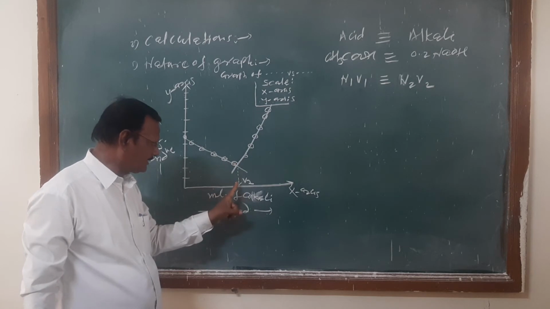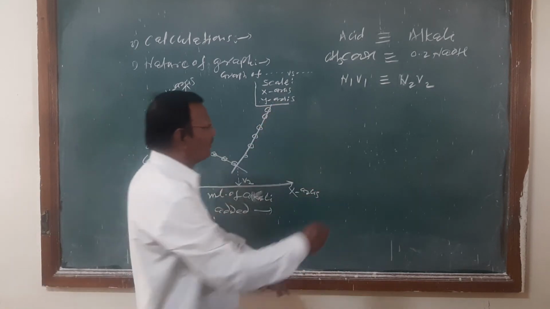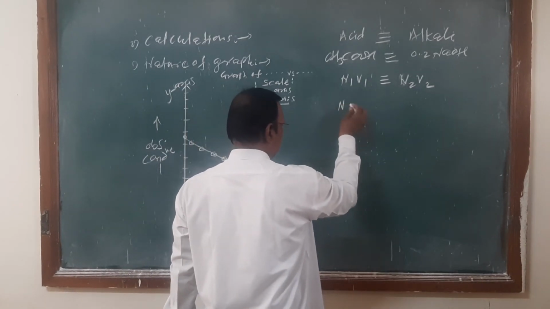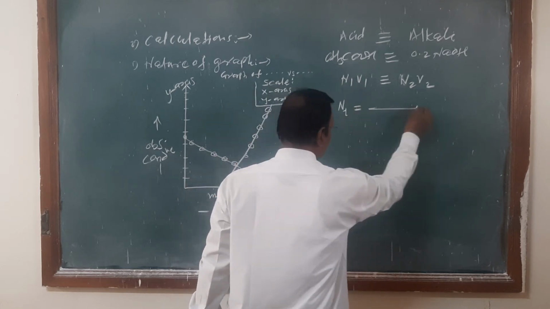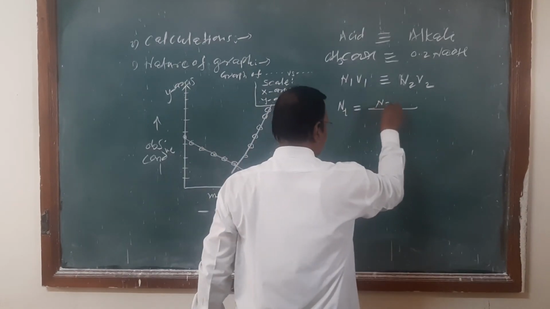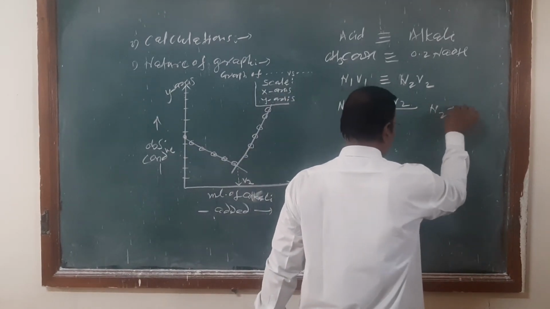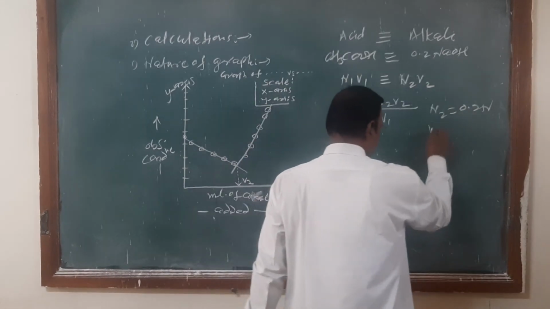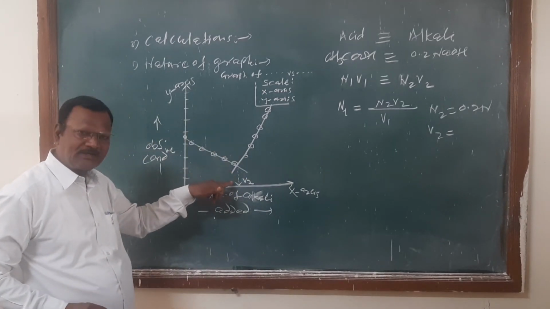We have to select these values and take them for the calculations, and then convert this formula to calculate the normality of the acid. N1 is equal to N2 P2 divided by P1. We know N2 is equal to 0.2 normal, and P2 is the amount of alkali required for the neutralization, that is V2.